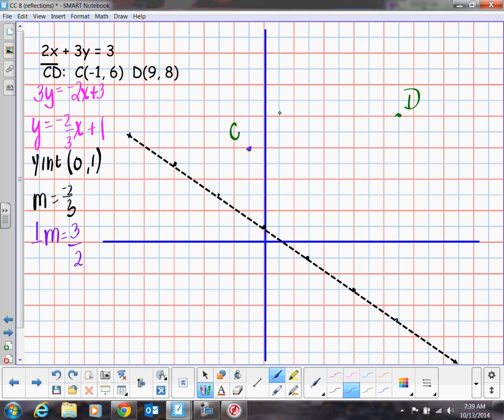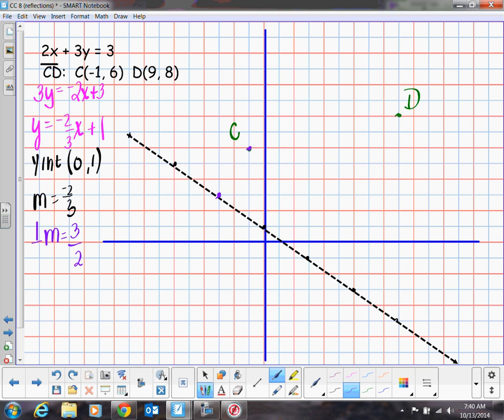Okay, am I moving towards my reflection line? Okay, so I'm not. I'm moving away from it. So instead of going up 3, what could I do? Down 3. But if I go down 3, how do I travel sideways to maintain positive? Left. Great. And notice at 1, 2, 3, 1, 2, am I on the reflection line?